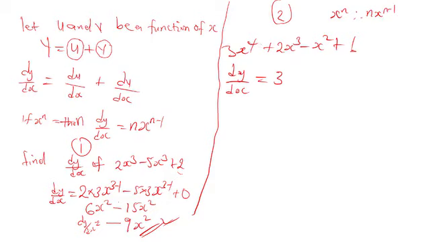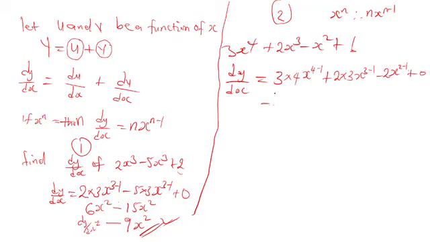So at this point, our n is 4. So it's 3 times 4, x raised to power 4 minus 1, plus, at this point our n is 3, so we now have 2 times 3 x to the power 3 minus 1, minus, we now have 2, our n at this point is 2, so we now have 2x to the power 2 minus 1. Then 1 being a constant term is plus 0.